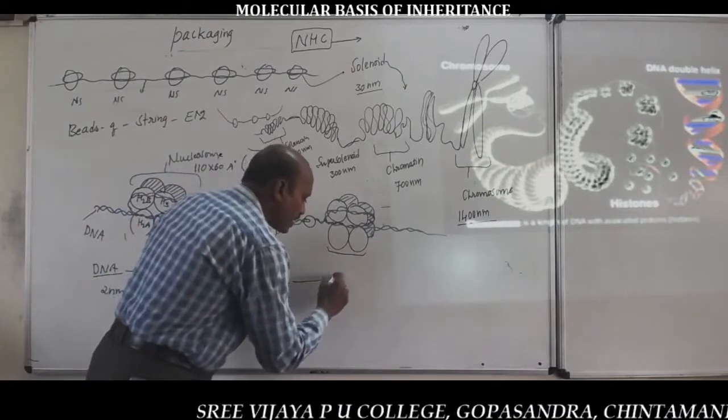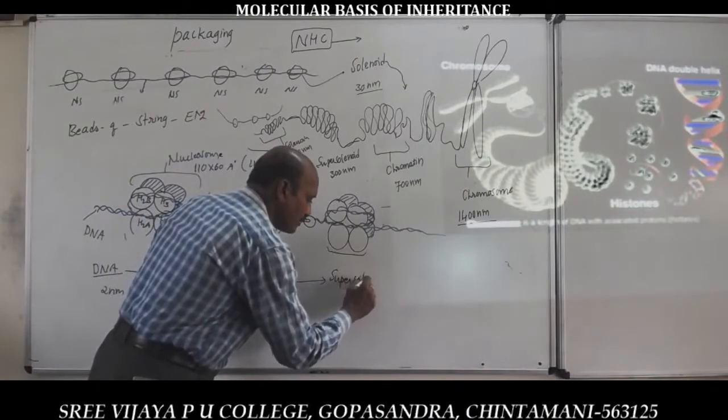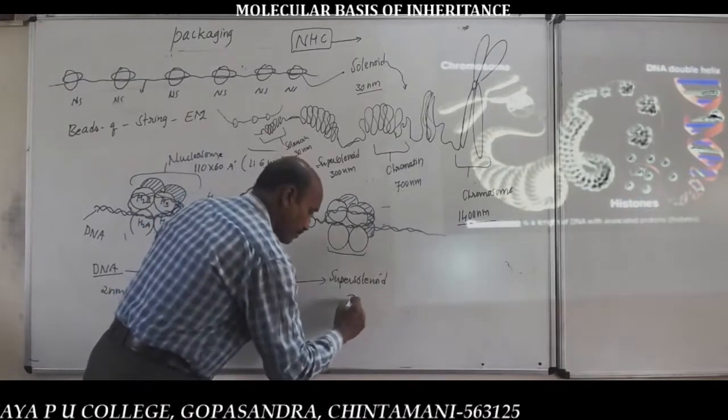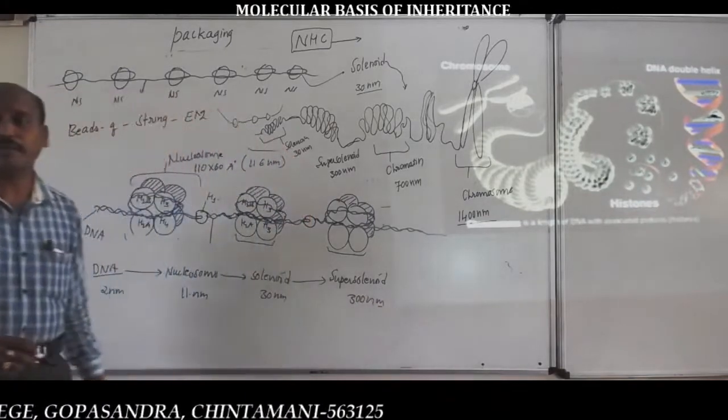The solenoid is further condensed to form super solenoid with 300 nanometers diameter.